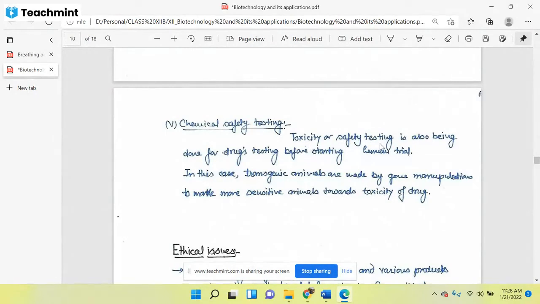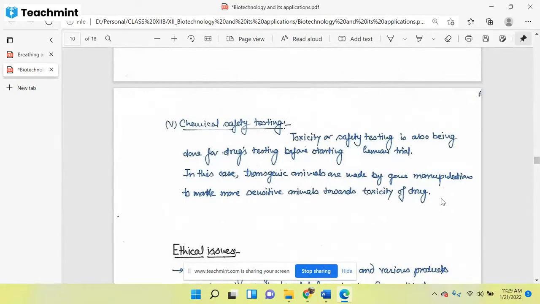Toxicity or safety testing is also done for drug testing before starting the human trial. Before the human trial, we take transgenic animals and assess the dose, the amount, and the time. All these things we assess on the human model, and these human models are nothing but transgenic animals. In this case, transgenic animals are made by gene manipulation to make animals more sensitive to the toxicity of the drug.